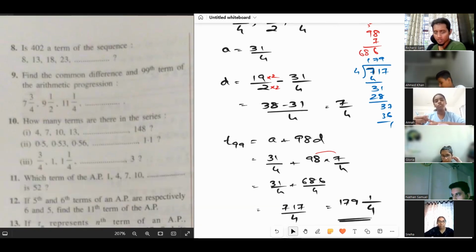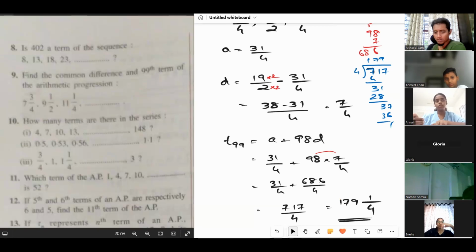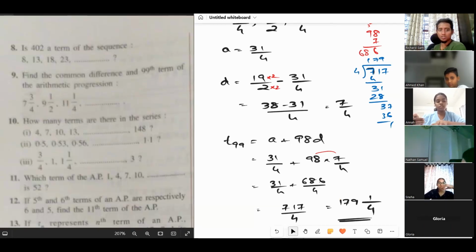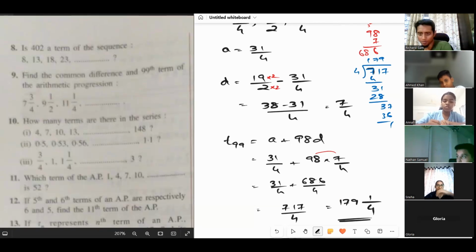Yes, sir, that is also there. 179 upon 4. Correct. They asked you for 2 answers. What is the difference? The difference is 7 upon 4, or 1 3 upon 4. If you convert 7 upon 4 from improper into mixed, it will be 1 3 upon 4. That's the difference.